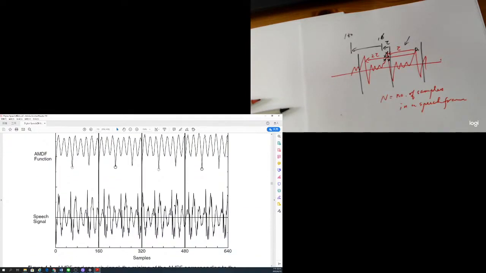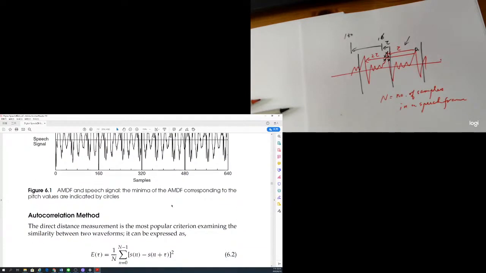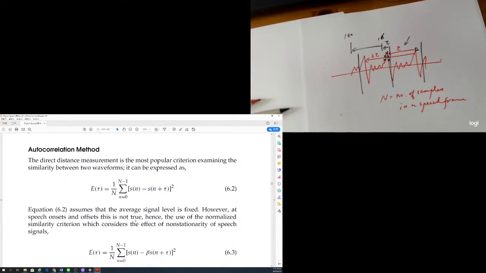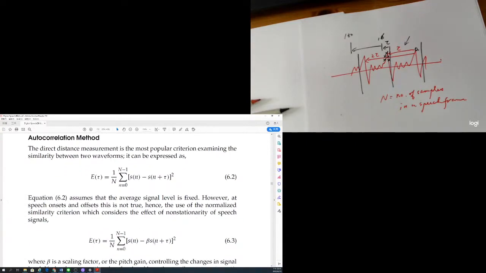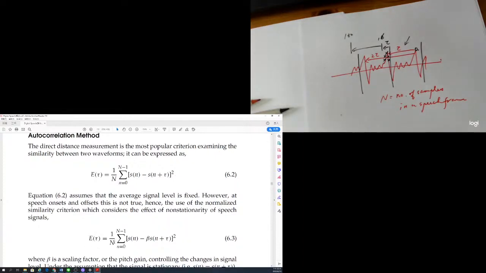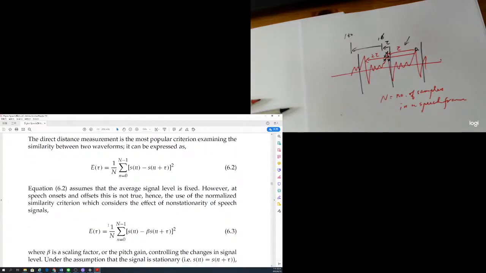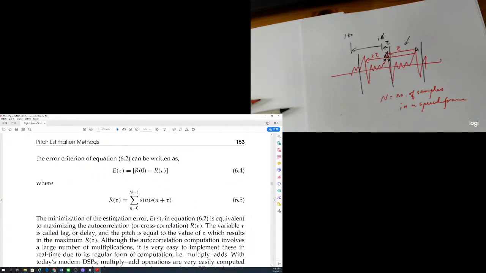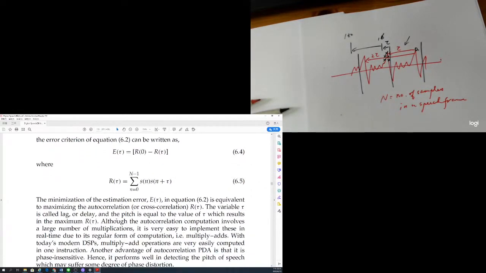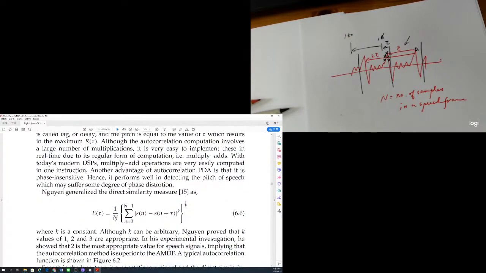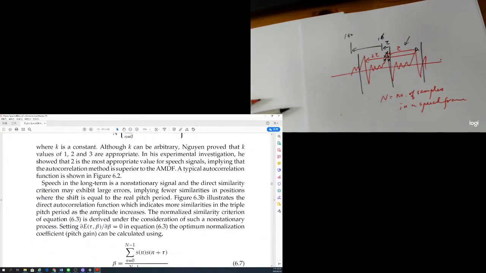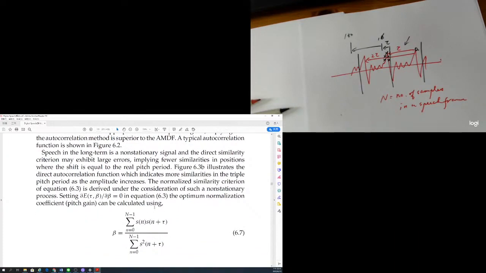If we base on this equation, and assume tau is fixed, and with respect to beta we take the partial derivative equal to 0, you can get the beta condition, beta equal to this value.